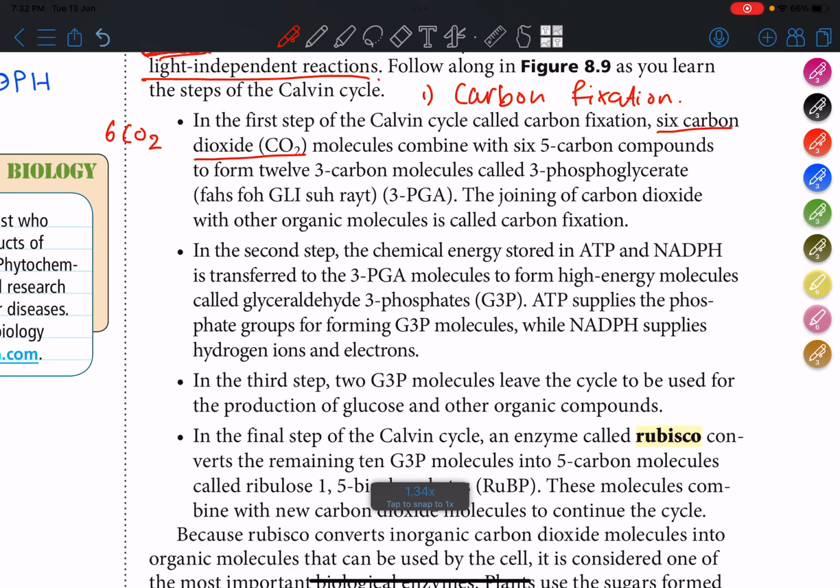Now, the carbon dioxide molecules will combine with 6 5-carbon compounds to form 12 3-carbon molecules called 3-phosphoglycerate or 3-PGA. This process is called carbon fixation. The joining of carbon dioxide with other organic molecules is called carbon fixation.